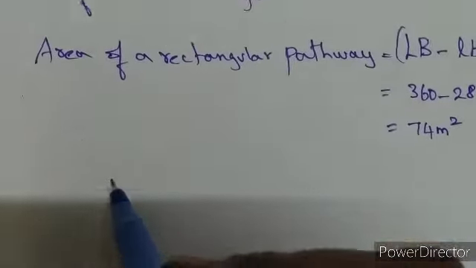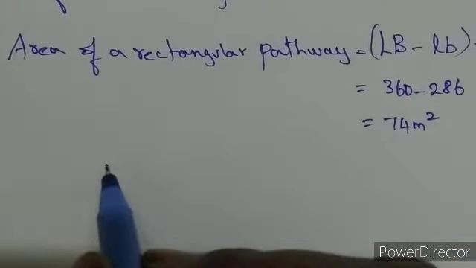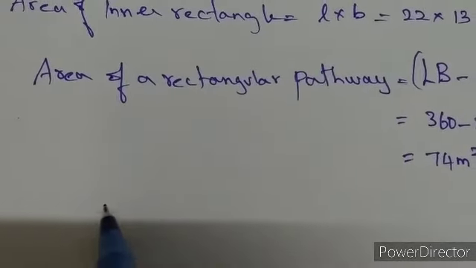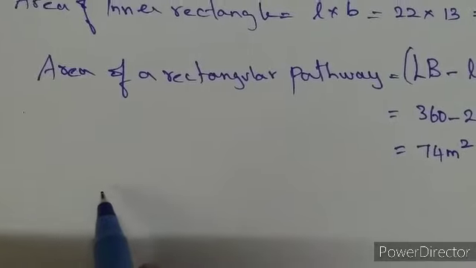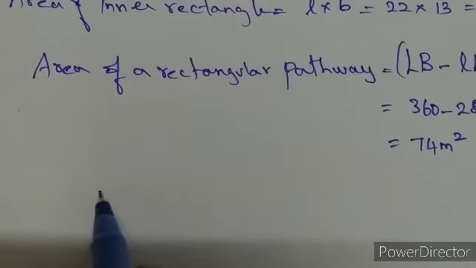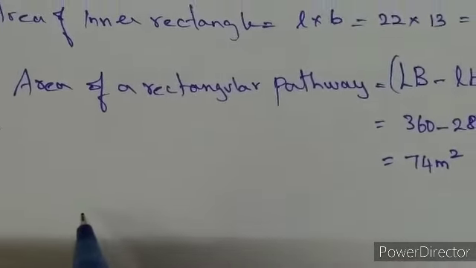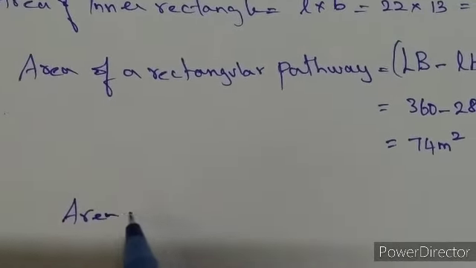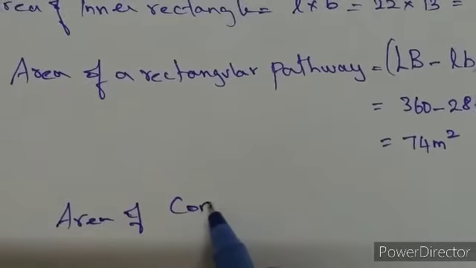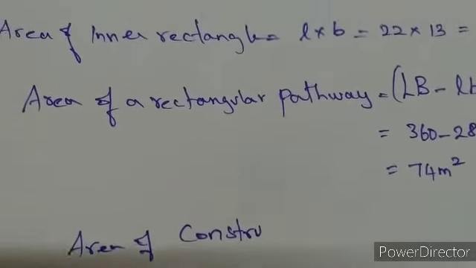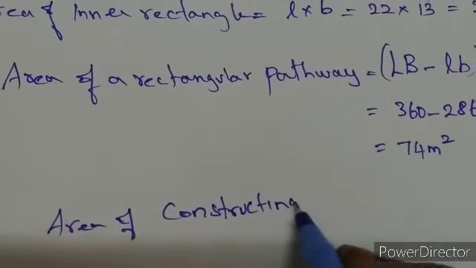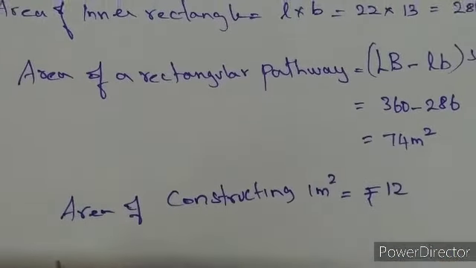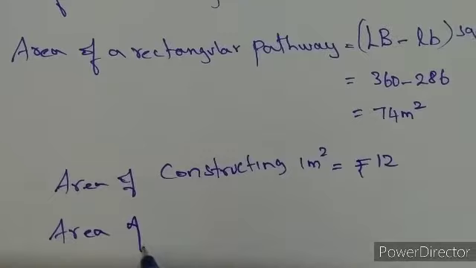To construct a canal, the rate of cost per unit is 12, as given in the book. So what step do we have to write here? The cost of constructing 1 meter square is rupees 12.